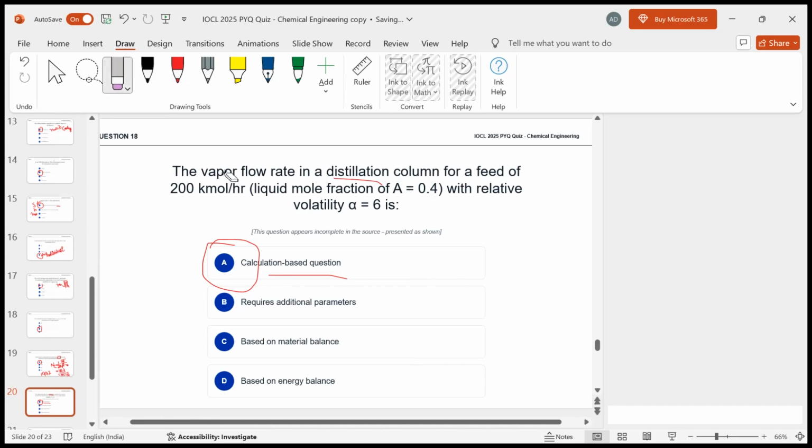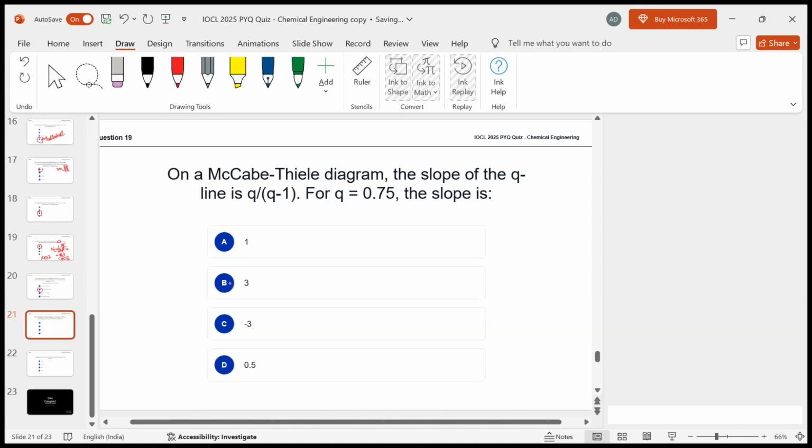Sorry, my bad. This is not a calculation-based question. As I explained, this question requires additional parameters, that is your reflux ratio, product composition, and so on.